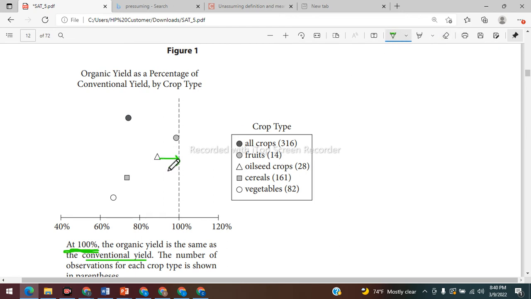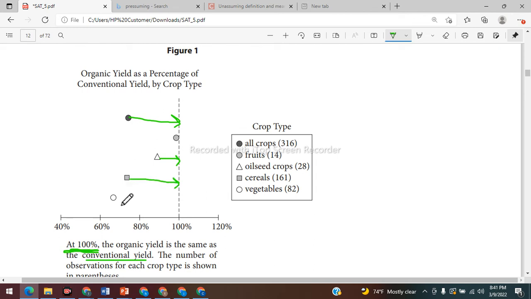So for this one, it's about 80 something. In order for them to produce the same amount, both of them have to be at 100, right? And clearly there's a distance. It gets even worse when you talk about all the crops. This is about 35% difference.